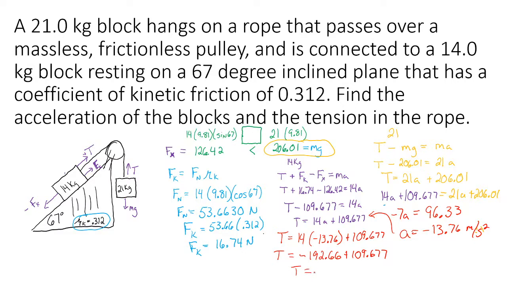The tension equals negative 192 plus 109.677 gives me 82.989 newtons.